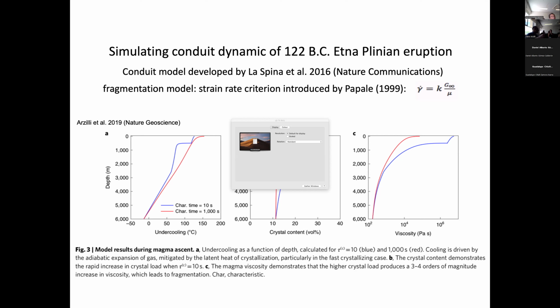So if there is connectivity, but it is still not enough because the ascent rate is too fast, the bubbles will not escape, so gas will not escape. It can tell you about vesicle fraction and crystal fraction, but no vesicle number density yet. It's something that can be developed, but not ready yet.